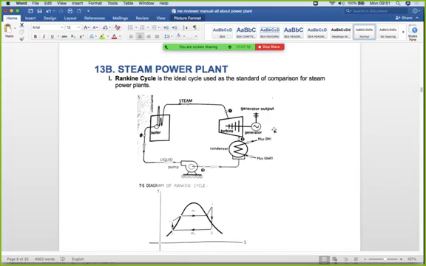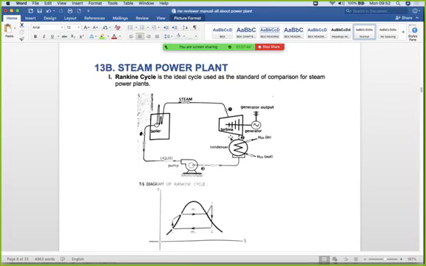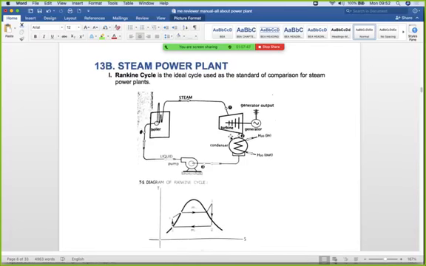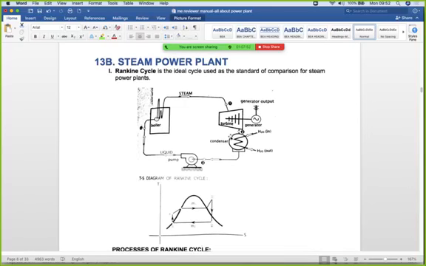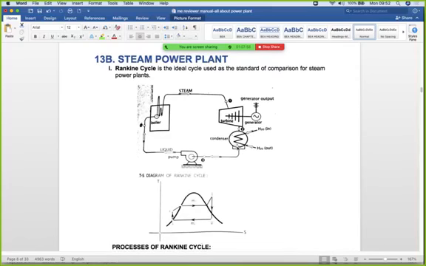So where can we see a steam power plant? What kind of power plant do we have now utilizing steam? Aside from the boiler, steam power, we have the thermal power plant, which also uses steam. You have the steam generator, steam turbine. After that, you pass the steam to a condenser. It is in the form of vaporized steam, so it will condense back into liquid.